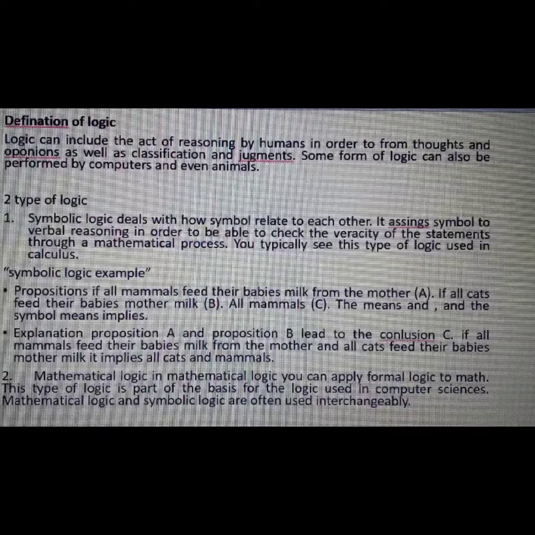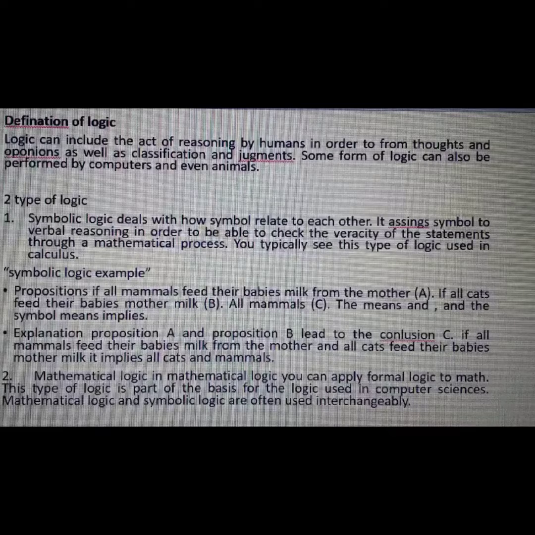Proposition C practices what A means, and the symbol means implies. Examination: proposition A and proposition B lead to the conclusion C. If all mammals feed their babies milk from the mother and all cats feed their babies mother's milk, it implies all cats are mammals.